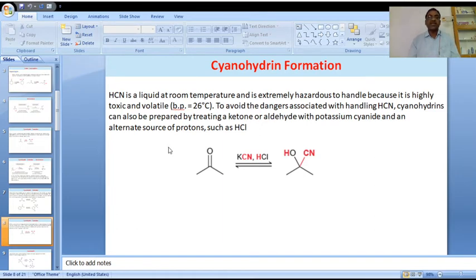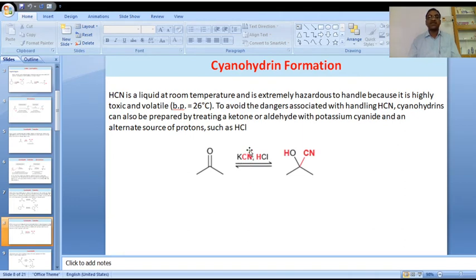Here it may be an aldehyde or ketone on reaction with potassium cyanide in presence of hydrochloric acid.